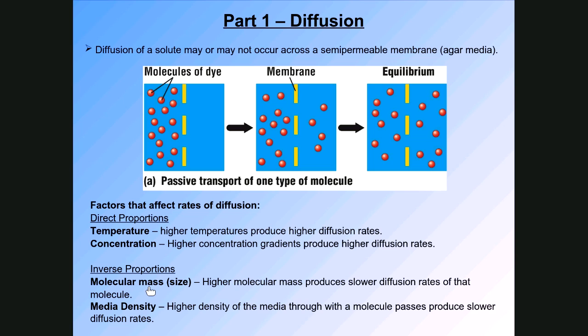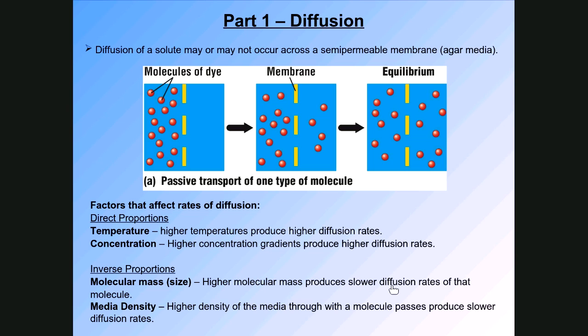Therefore, potassium permanganate has an easier time moving through the agar media, moving through that semi-permeable membrane, than methylene blue, which has a larger molecular mass. So what do we mean by inverse proportional? The higher the molecular mass of your solutes, the slower the diffusion rate. The lower the molecular mass of a solute, the higher the diffusion rate. So higher, slower, or lower, faster.